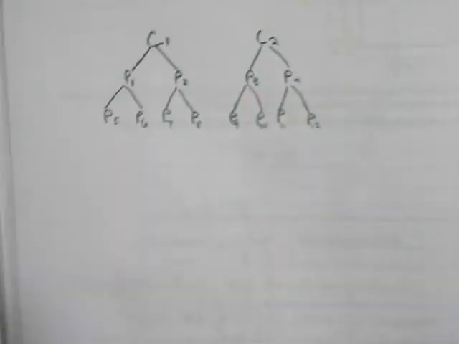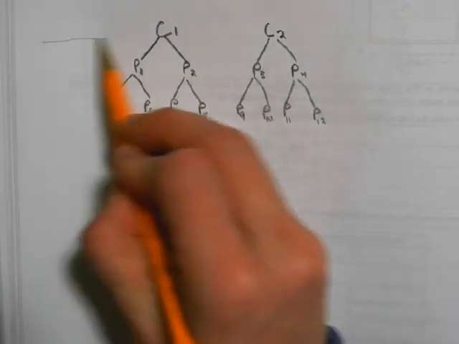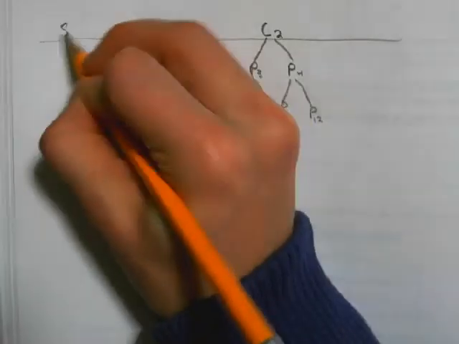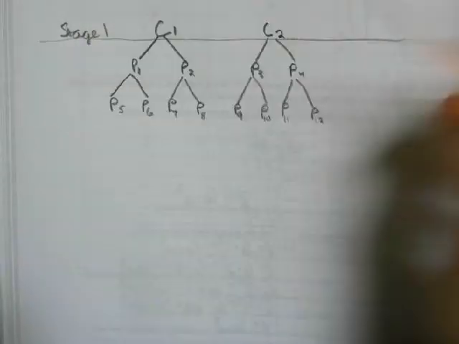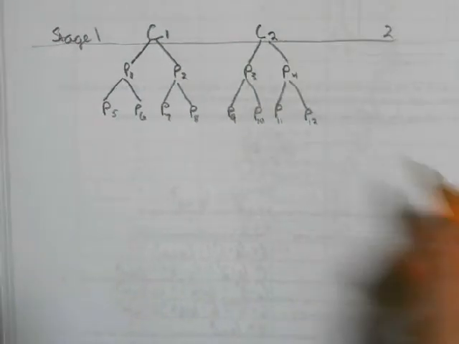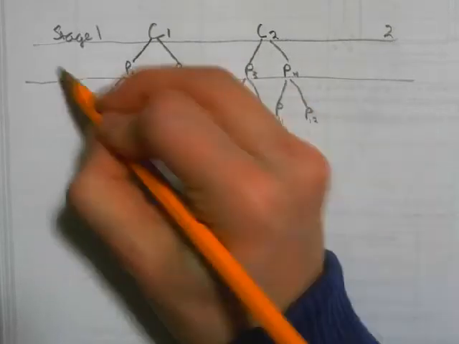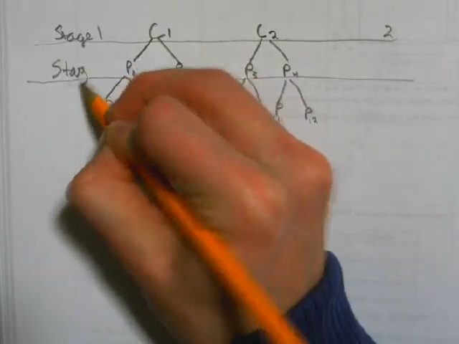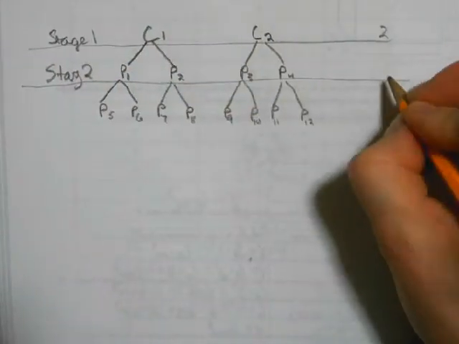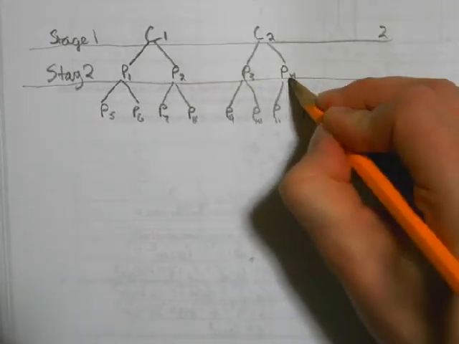Now, keep in mind, this is stage 1. 2 players have been notified. This is stage 2. That's 4 more players have been notified.